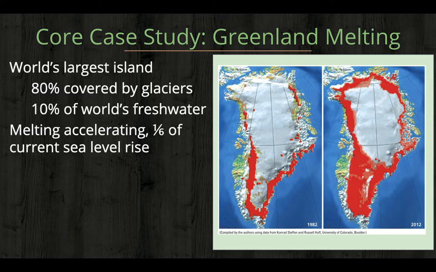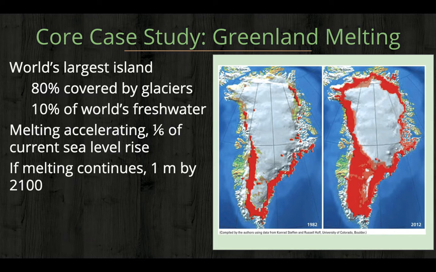If the melting continues at the rate that it's been going, as you get to the center of Greenland, there are thicker ice sheets and very large glaciers. Then the water will rise a full meter just from Greenland on its own by 2100. And that's the benchmark year that we use for a lot of these things. But it's not that far away. Most of us should be alive to see it.